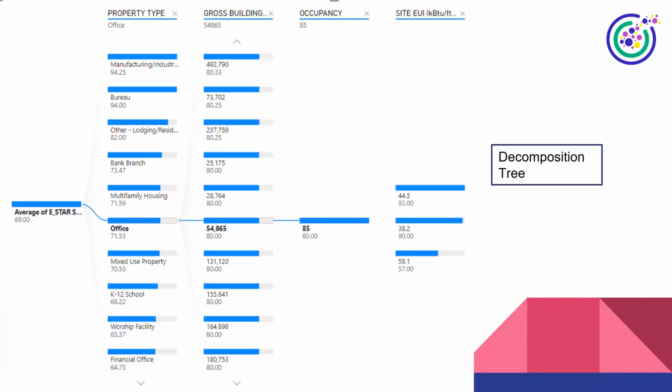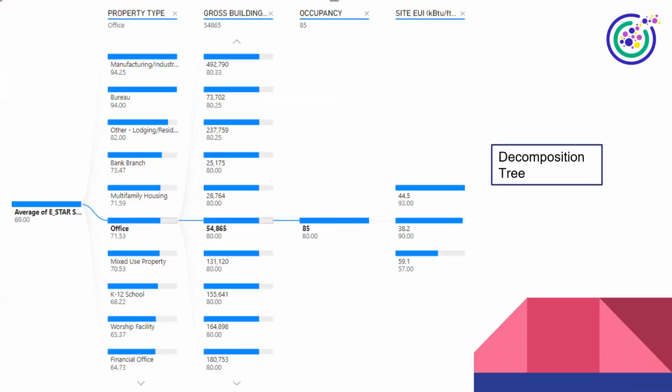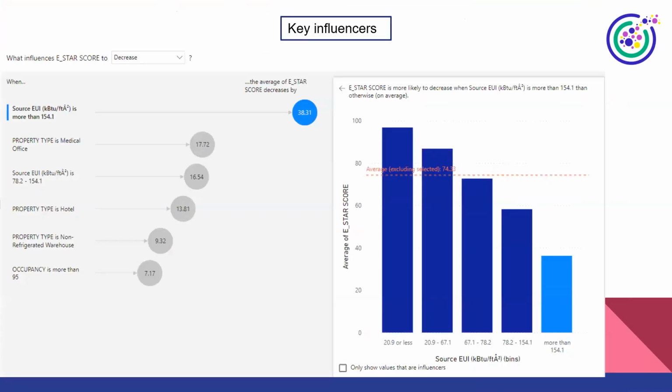This one is for an advanced feature: we try to understand the decomposition tree, to see which parameters have the most influence. This one is the same, but a two-way view to understand the relationship between different parameters in the data set.